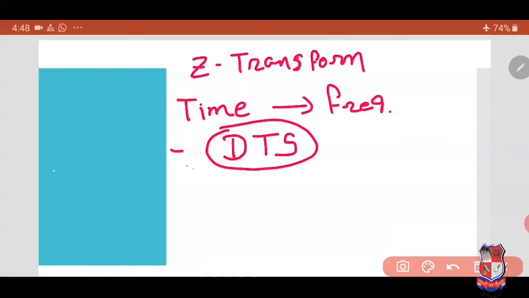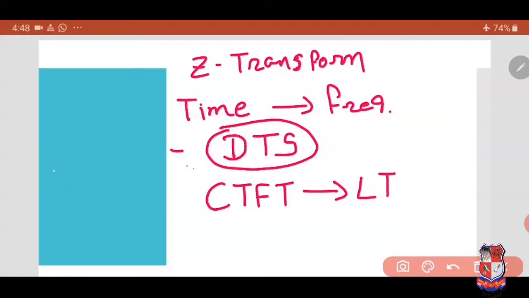Okay, so now when we are talking about the discrete time system, then the Laplace transform as well as the continuous Fourier transform come into the picture. Because when you move from CTFT, that is the continuous Fourier transform, to the Laplace transform, you must know about the j omega, that is the real part and imaginary part as well.